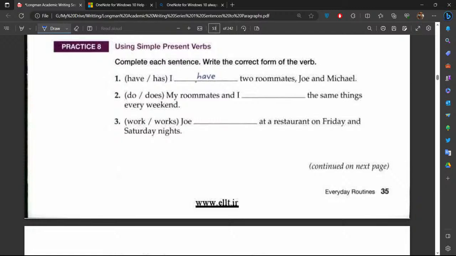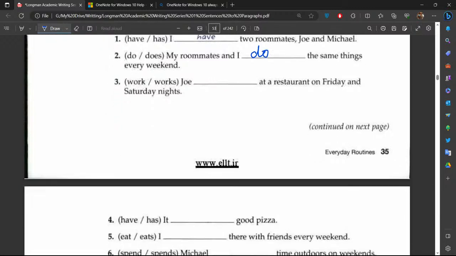Have, has: I have two roommates, Joe and Michael. Do, does: my roommate and I. So my roommate and I, it's a plural, so that is do. The same things every weekend. Work, works, so Joe works.